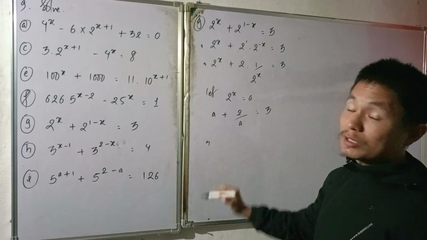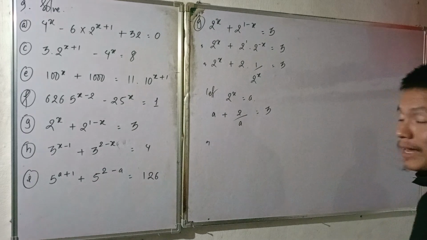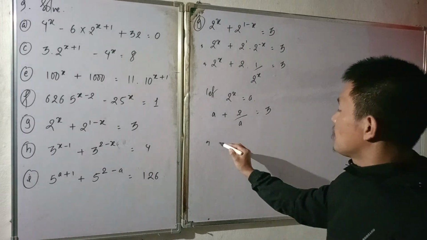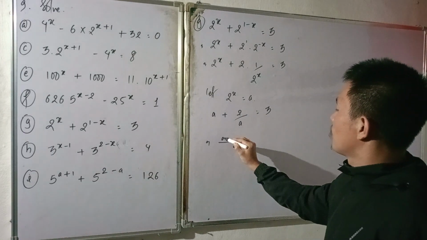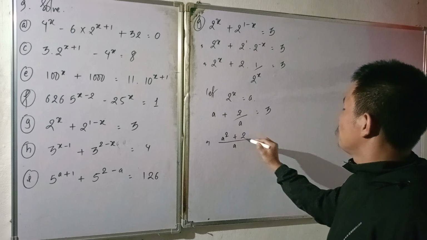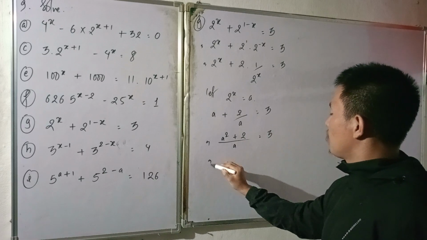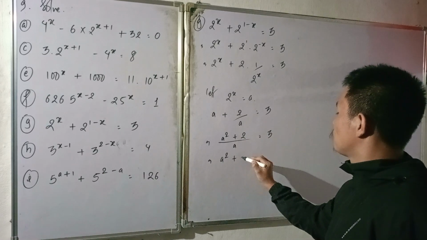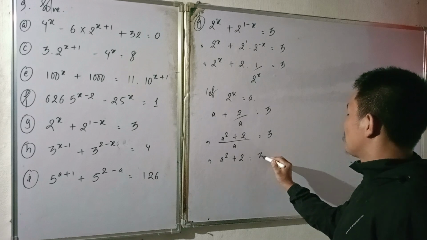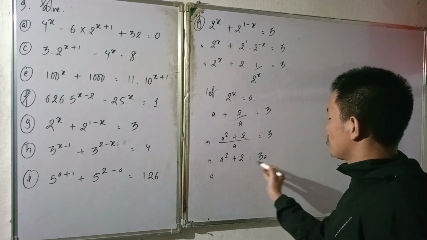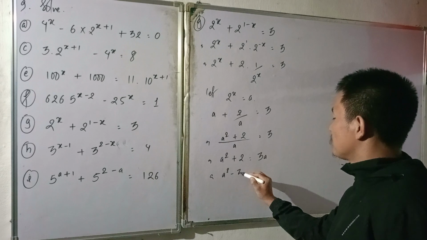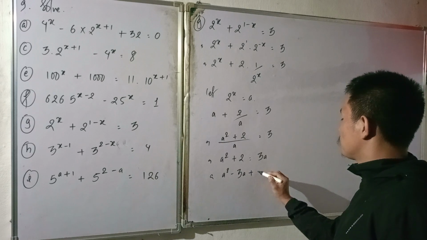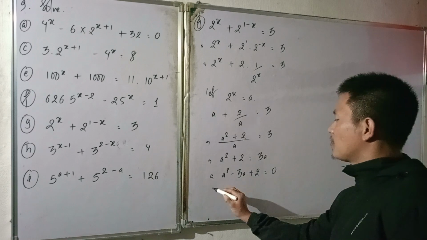Now it is just like we did in the 8th number. Now we just take the a LCM. A squared plus 2 is equals to 3 times a. Cross multiply. Now bring all to the left hand side. A squared minus 3a plus 2. Now we just factorize this.